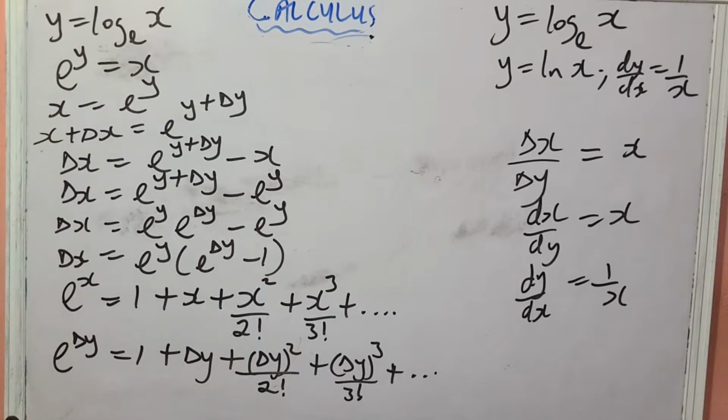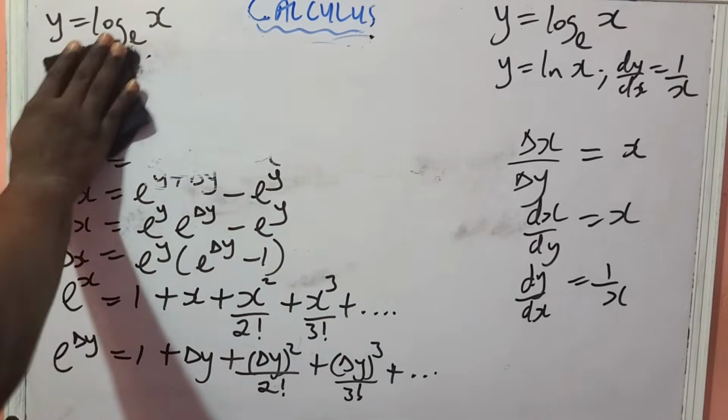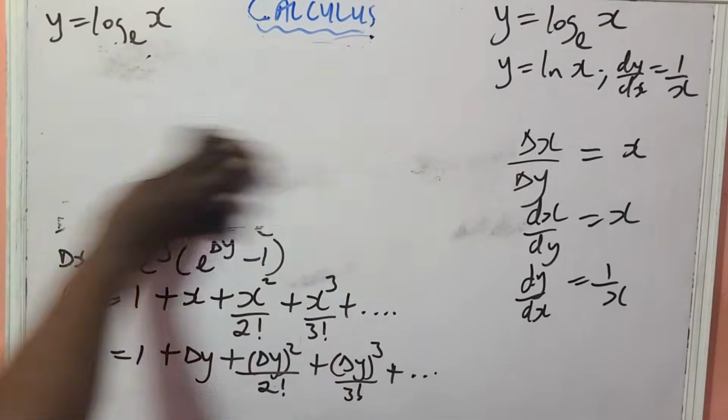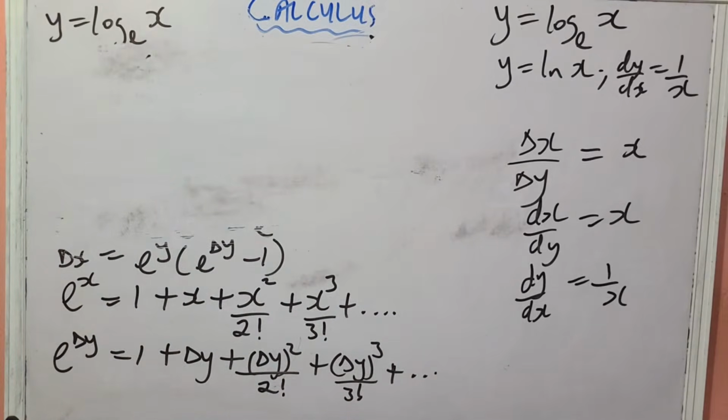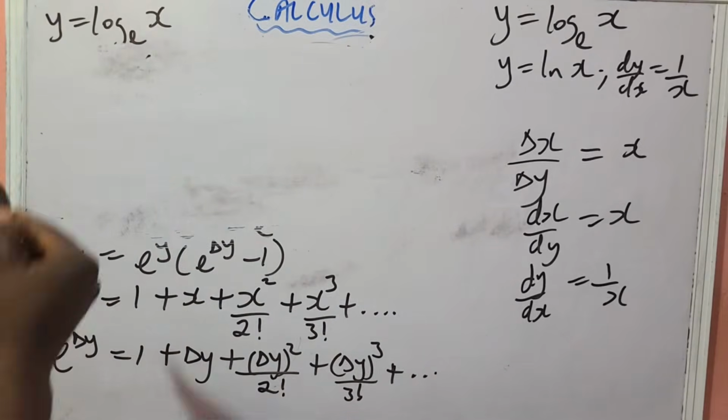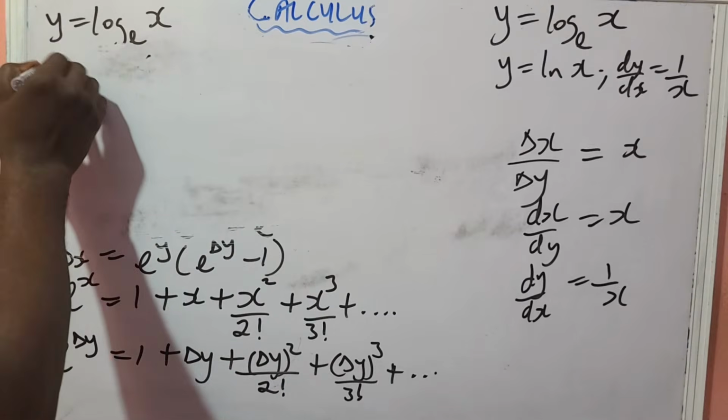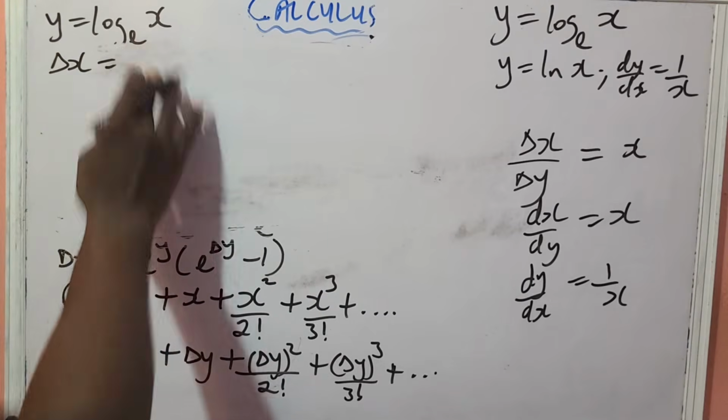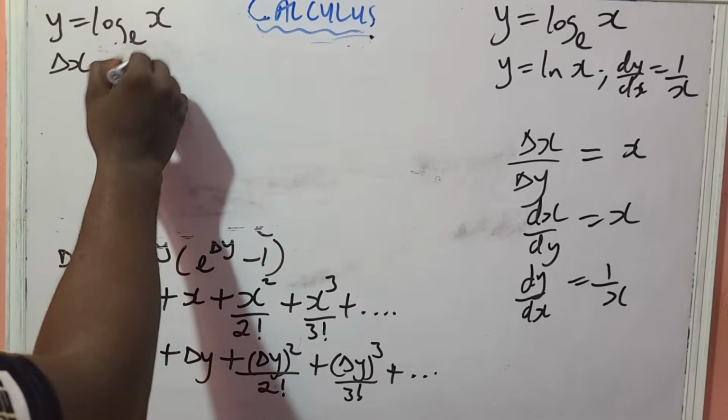You want to put all of this expression. Let me clean this. So you want to put all of this expression now. That means you want to say change in x now is equal to e raised to power y.